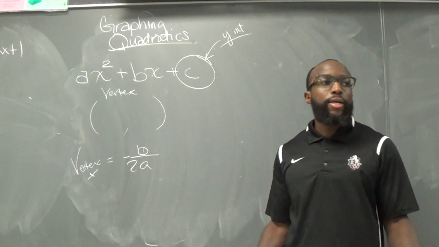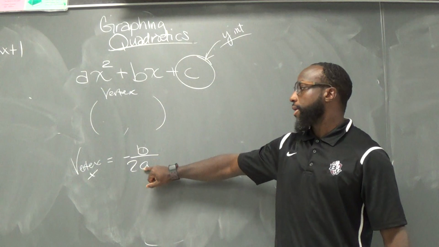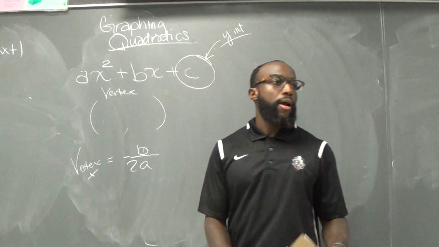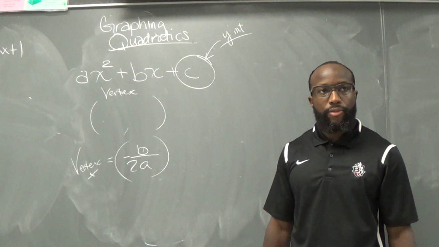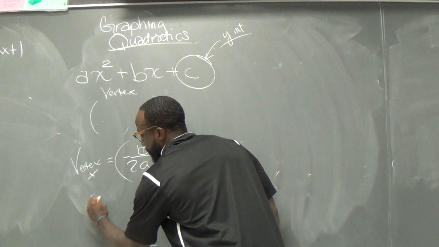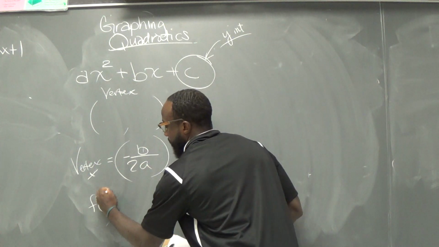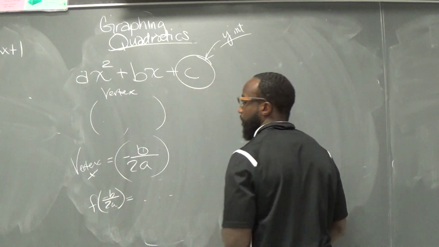Where does this b come from? B comes from this part of the equation, and the a comes from the beginning. In order to find the y of the vertex, it would be f of whatever your x is. So you find the x first, and then you substitute it into the equation.